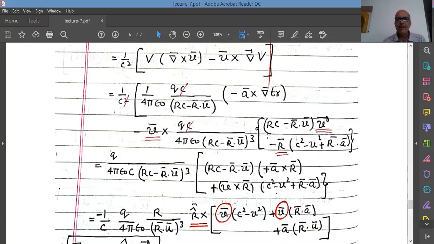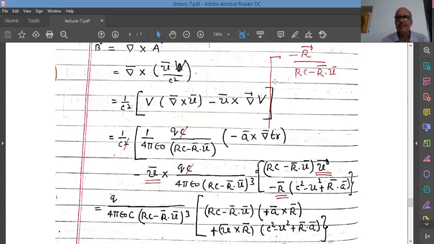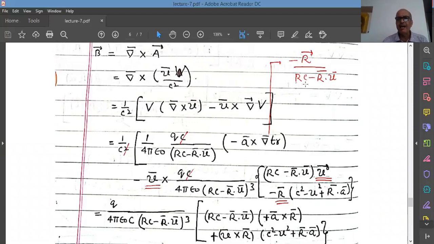Why a plus sign? Because in gradient of t_r we have minus R upon (Rc minus R dot v). This is the value, minus R upon (Rc minus R dot v). So because of the minus sign here, this minus becomes a plus, and we have V cross R, that is plus.